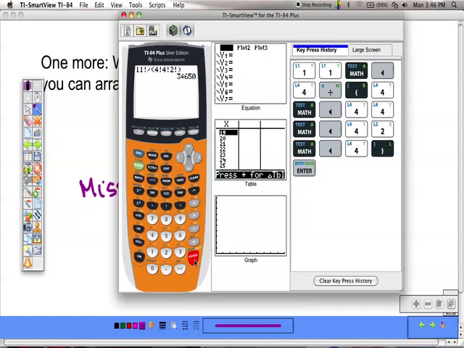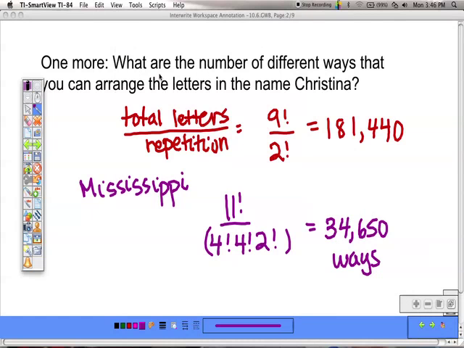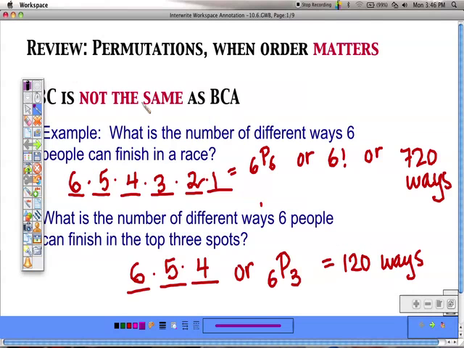Again, 34,650 ways you can rearrange the letters in Mississippi. Okay, so that's permutations when order does matter, when ABC is not the same as BCA, when those are counted as different things.